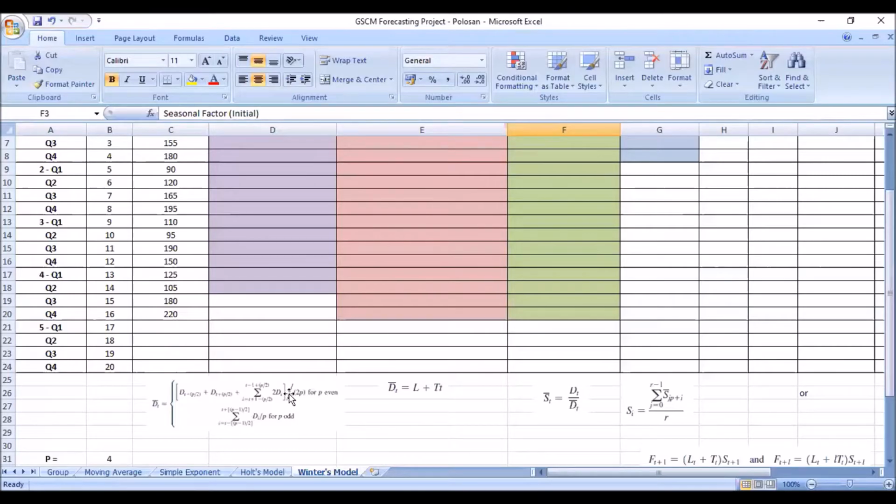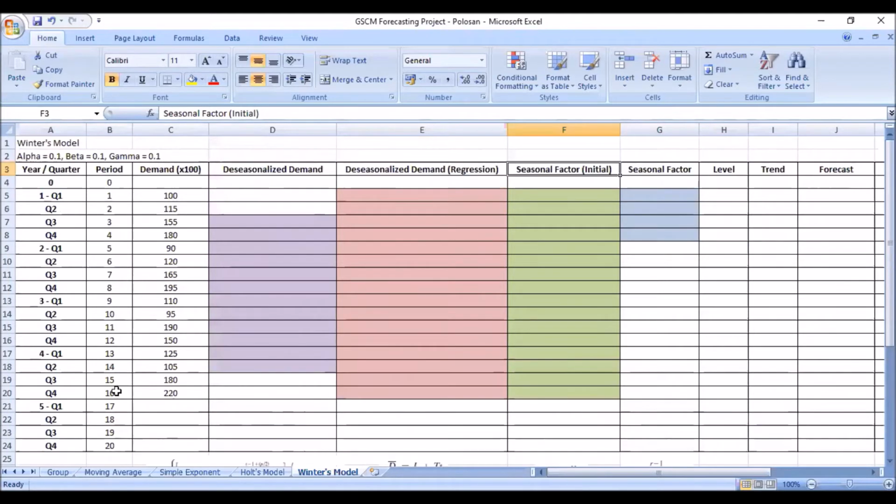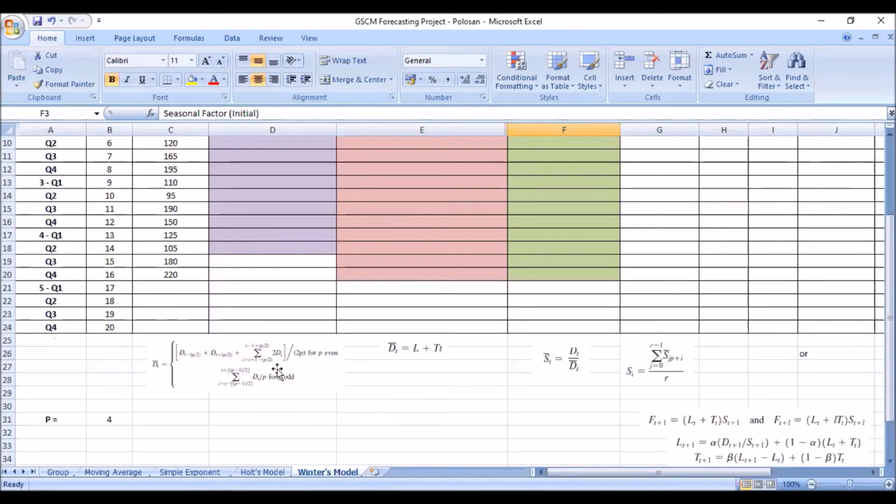But if the period is odd, then it's all in the sum of the demand, which we rarely encounter. For now, it's not really our case.